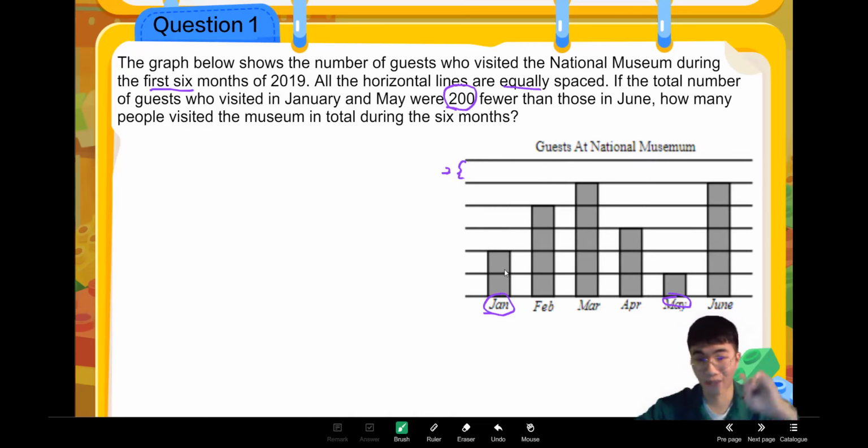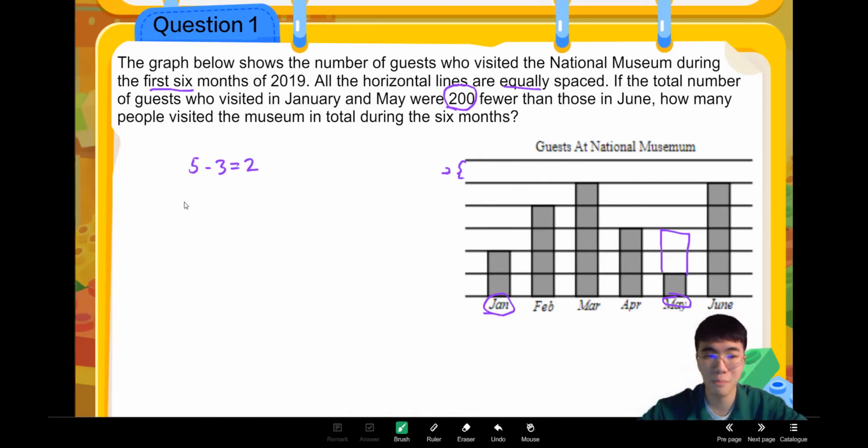So in January, we have 2 spaces. Let's add the 2 spaces in May. So now we have 3 spaces in total to compare with June. May plus January, we have 3 spaces, and June, we have 5 spaces. Let's find the difference. 5 minus 3, we get 2.